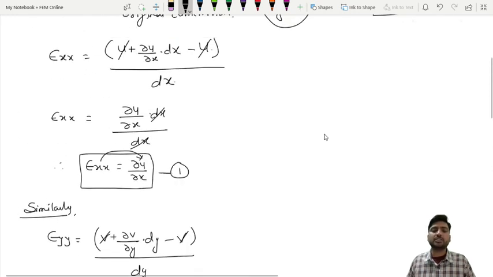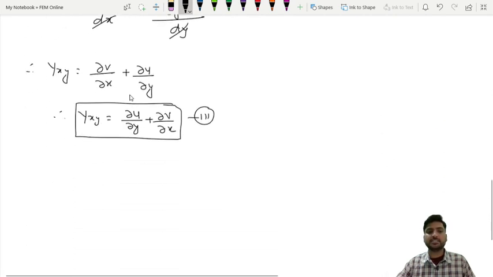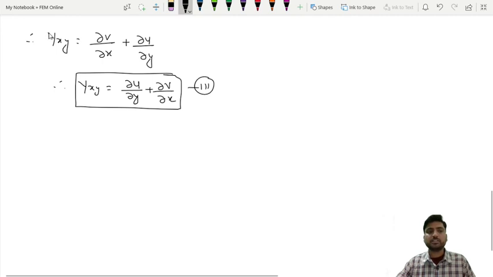So these three equations are the relation between strain and displacement. Here the strain in x direction is related to the displacement in x direction. Here the strain in y direction is related to the displacement in y direction. Here the shear strain, because it is a plane, in x and y direction, is related with the displacement in x as well as the displacement in y.